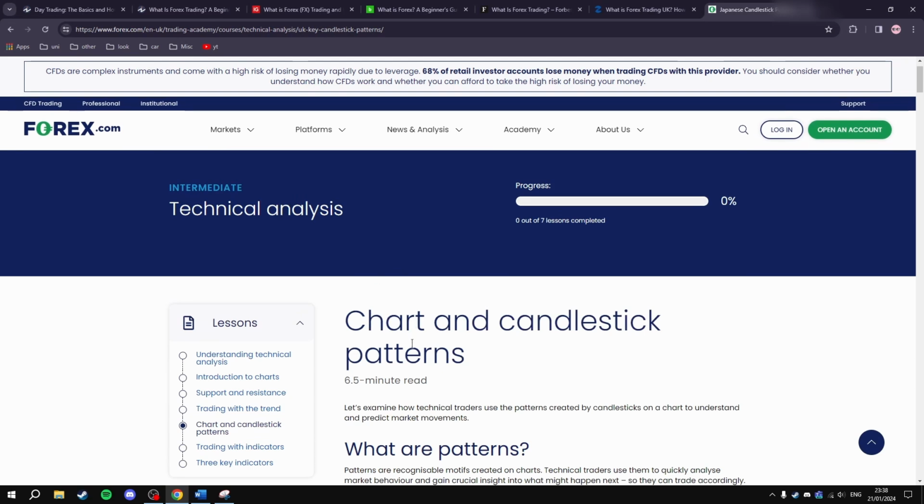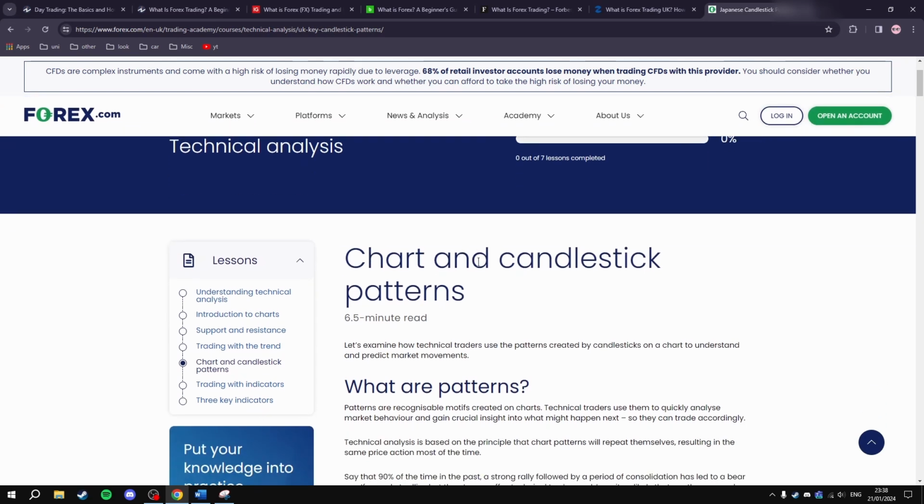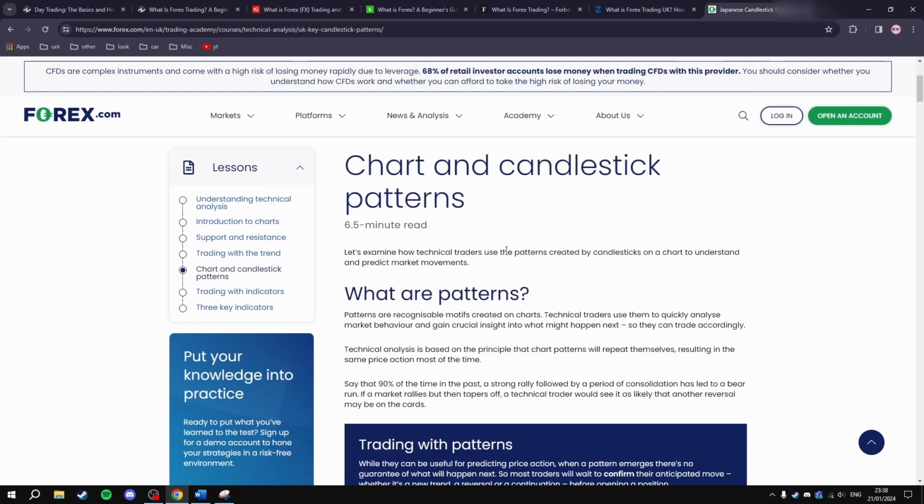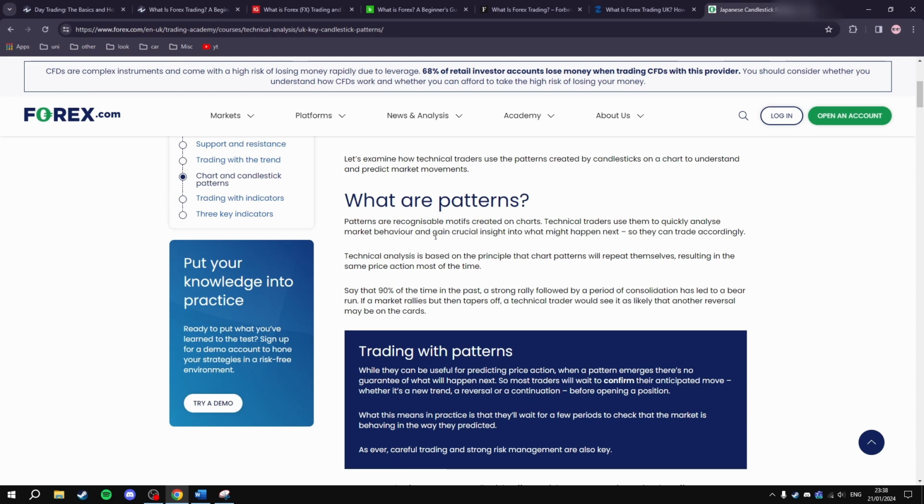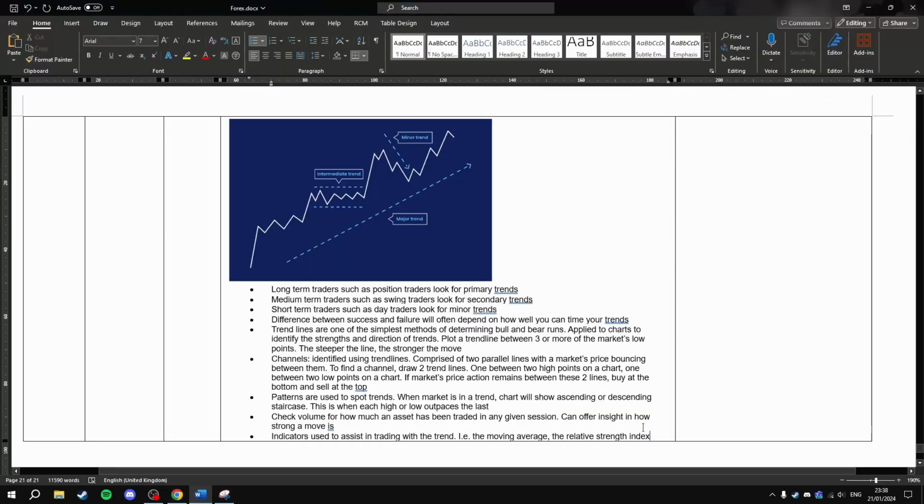Alright. Technical charts and candlestick patterns. Let's examine how technical traders use the patterns created by the candlesticks on the chart to understand and predict market movements. What are patterns? Patterns are recognizable motifs created on the charts.